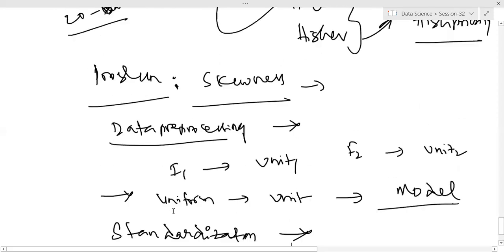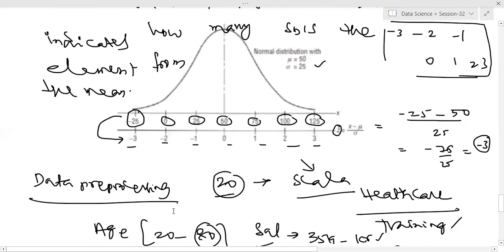Standardization. Now you observe here, Venkat and all the other friends, can we make use of the Z score for the standardization? Can we? Yes. How can we make use of it?